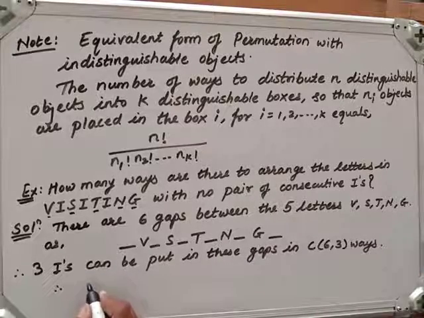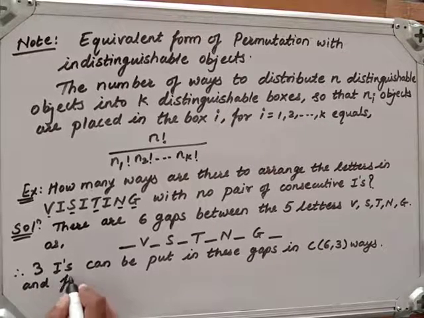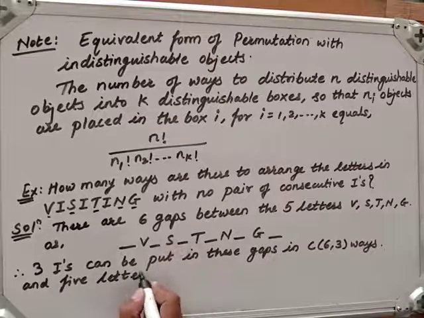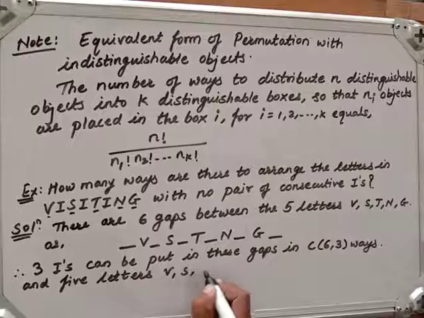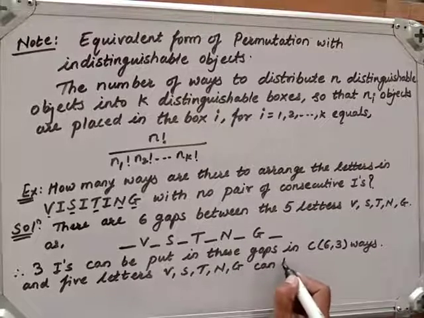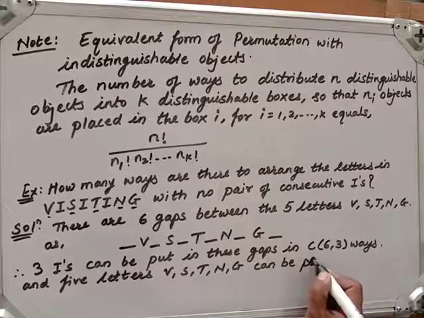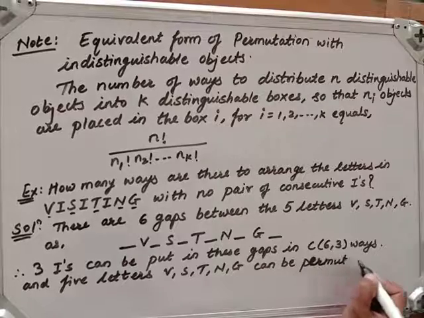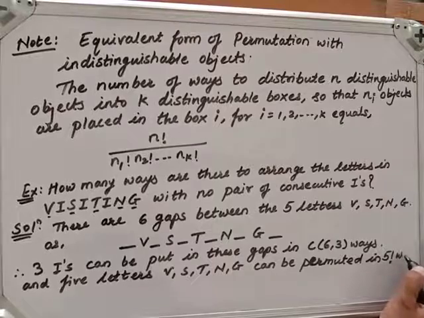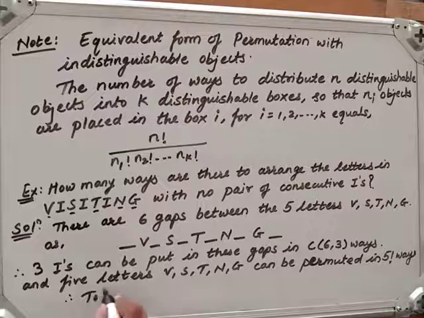Therefore, and these 5 letters V, S, T, N, G can be permuted in 5 factorial ways. Therefore, the total number of arrangements.